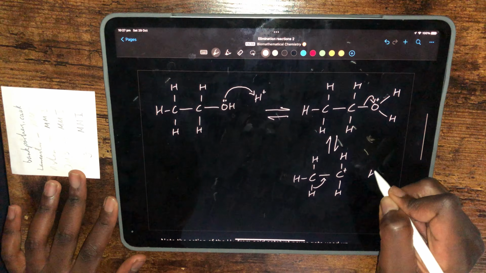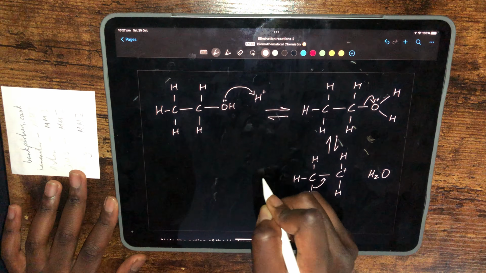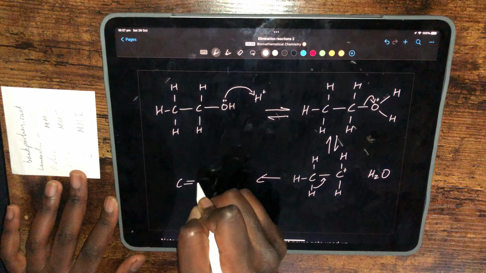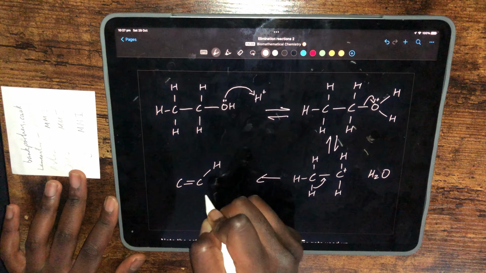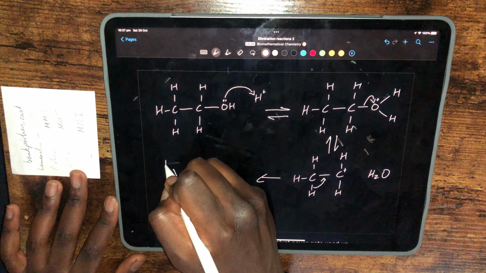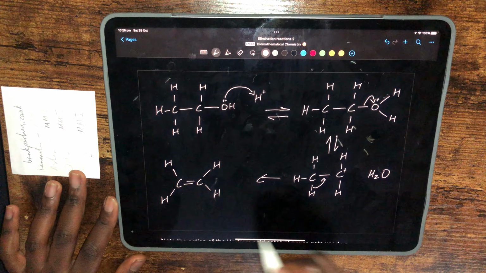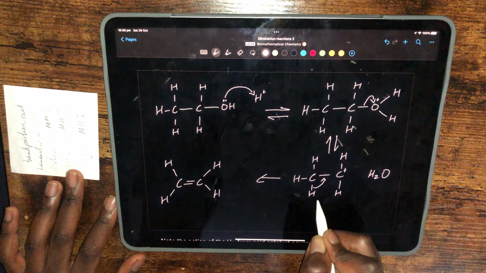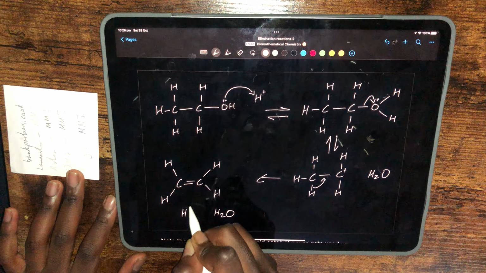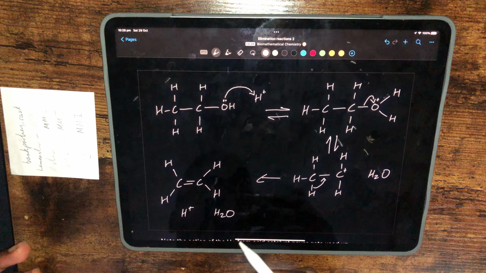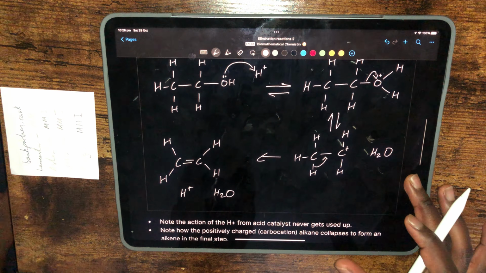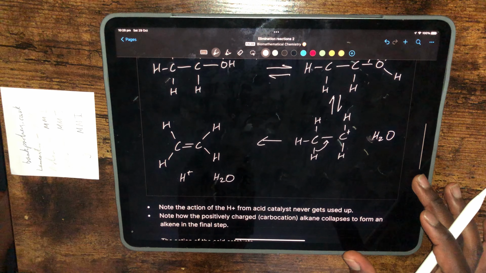You have your water still here, a carbon-carbon double bond now, and you've lost the H+. That's what I mean by the catalyst doesn't get used up in the reaction. It's always getting reformed, attracted back to a sulfate or whatever acid intermediate you'd have.